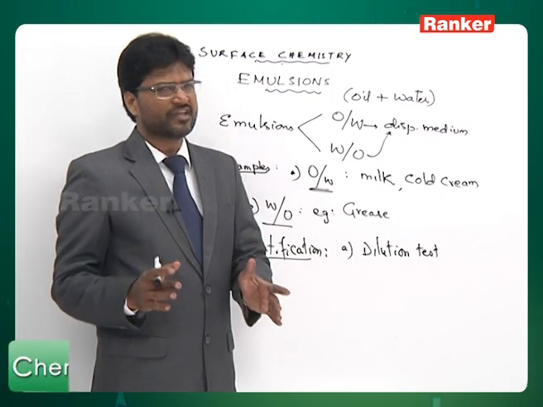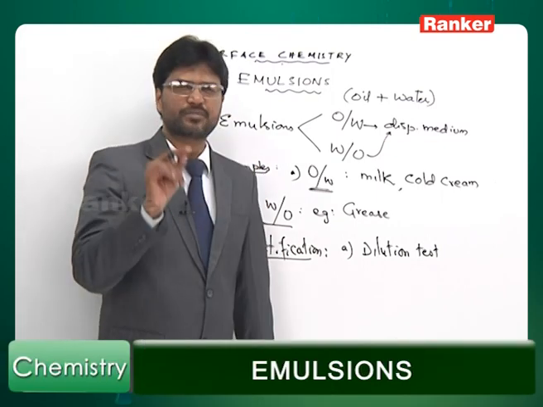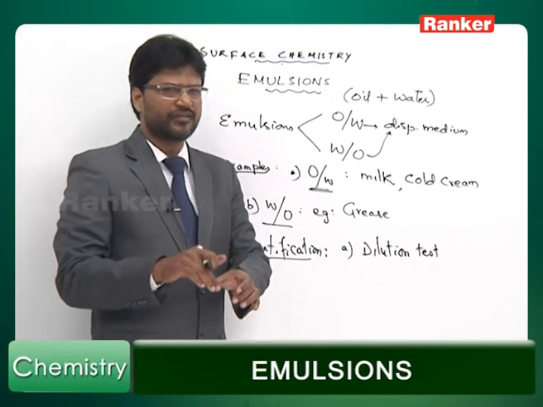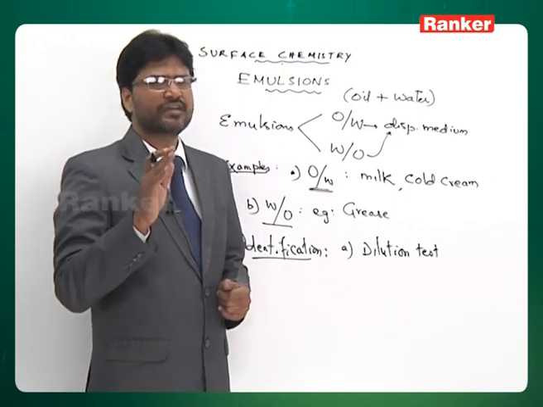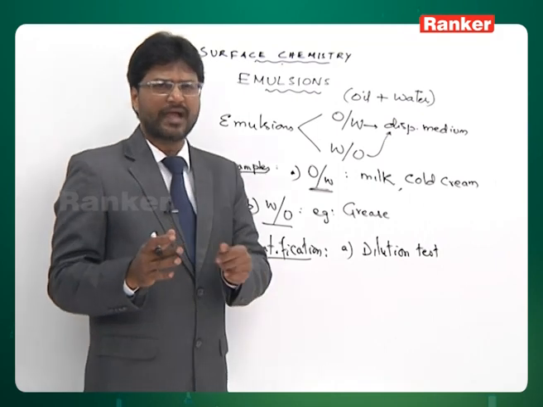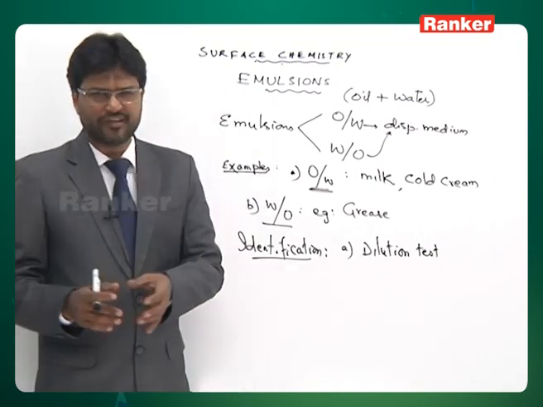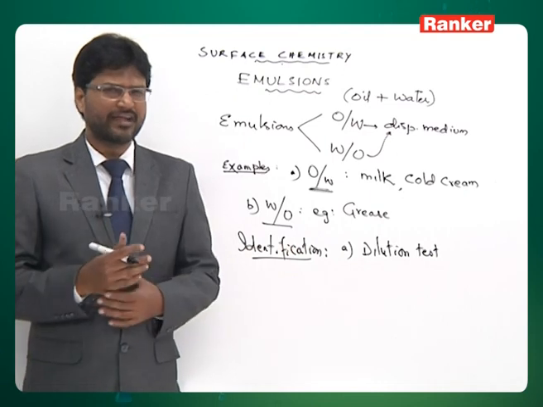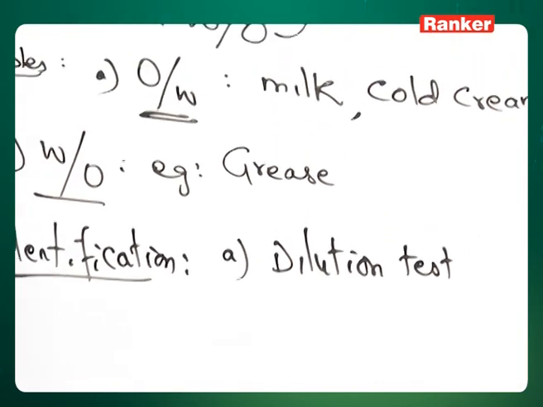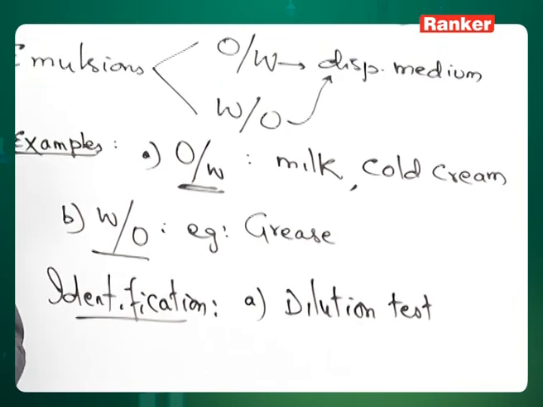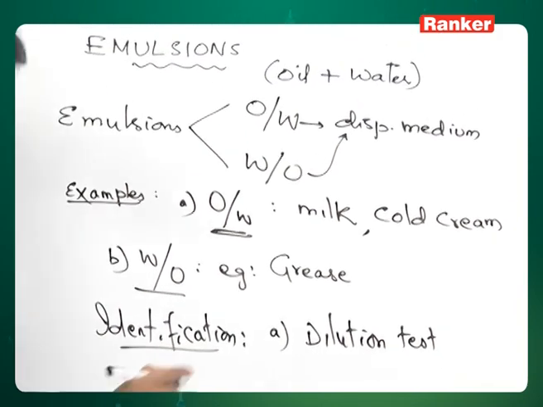Remember, an emulsion can be diluted by adding dispersion medium. If you add disperse phase to an emulsion, it will form a separate layer. So, we can dilute an emulsion by adding dispersion medium only. If an emulsion can be diluted by adding water, then it is oil in water emulsion. If it can be diluted by adding oil, then it is water in oil emulsion. So, this is one test.